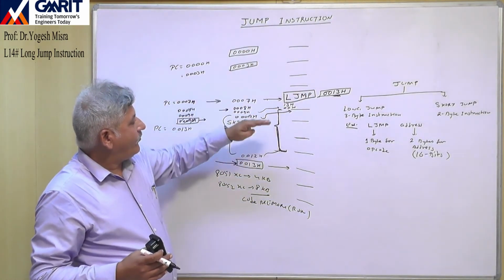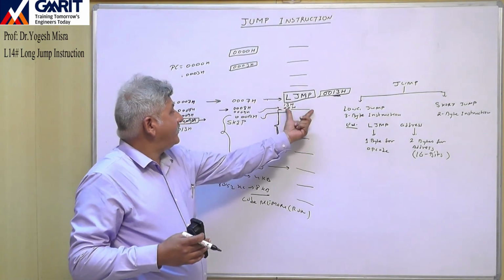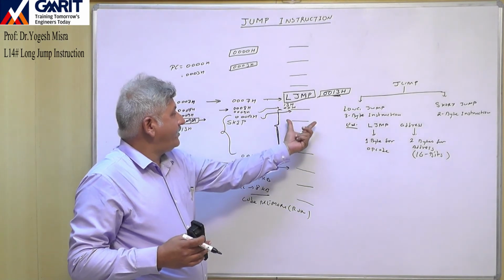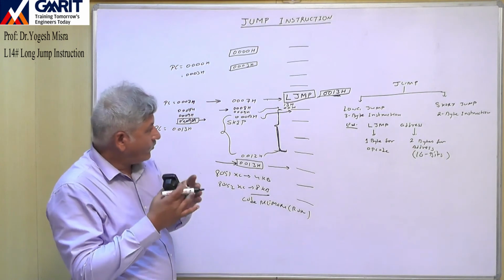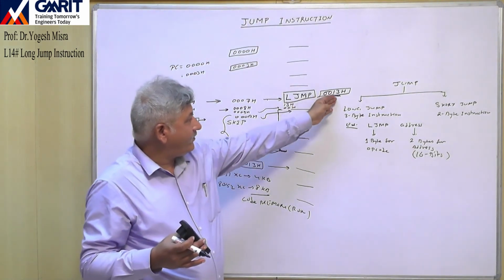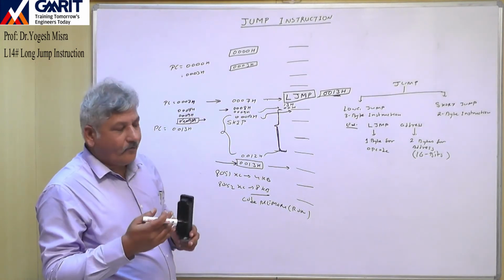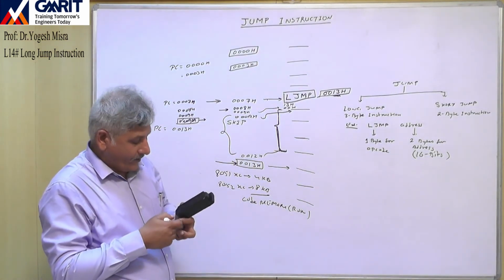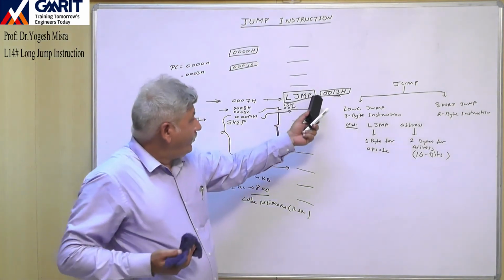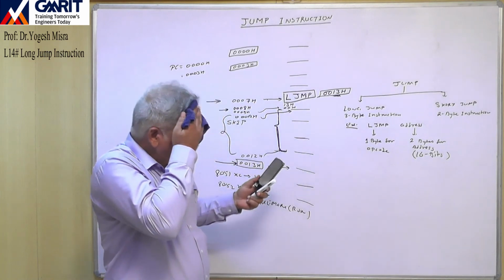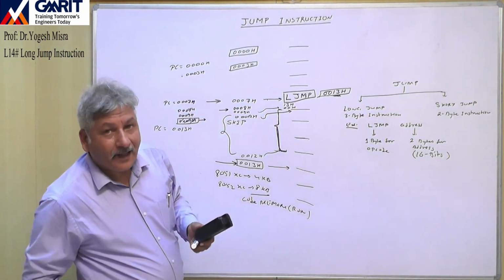You have to calculate how many bytes there are for each instruction, and ultimately you have to calculate all these things, then write the address where exactly you want to transfer the sequence. But there is one facility given to the programmer: in place of just writing this address, we can write a label also.